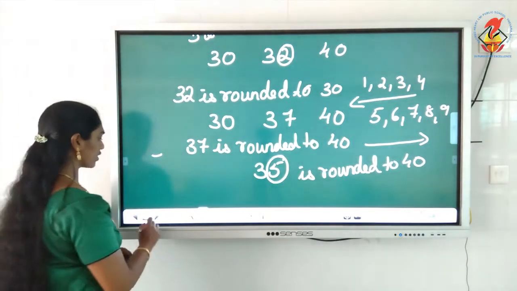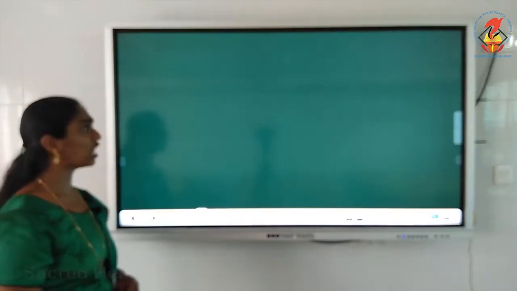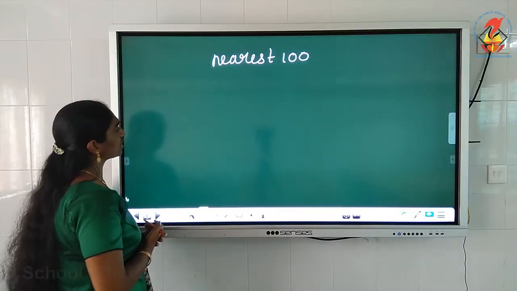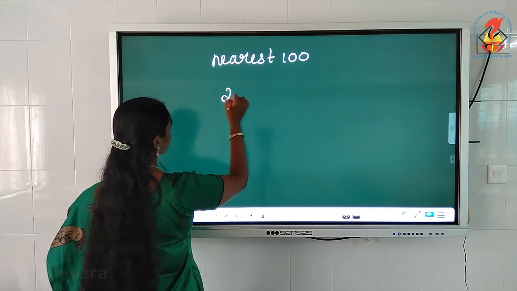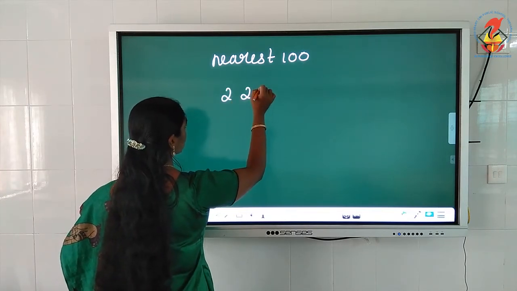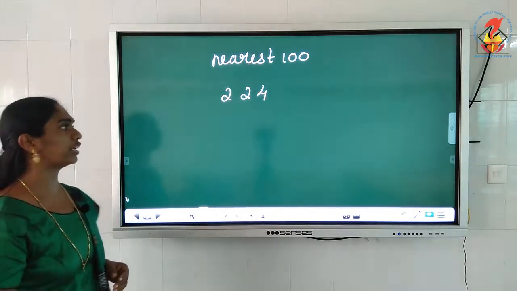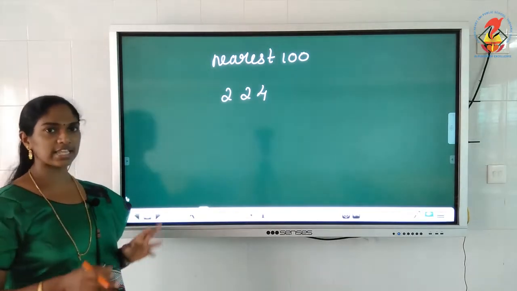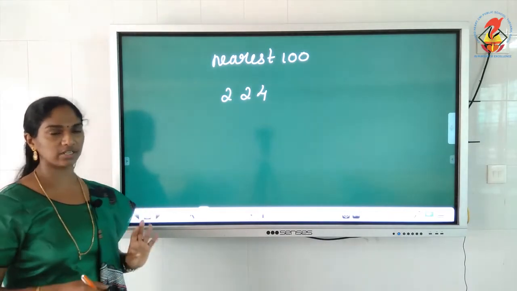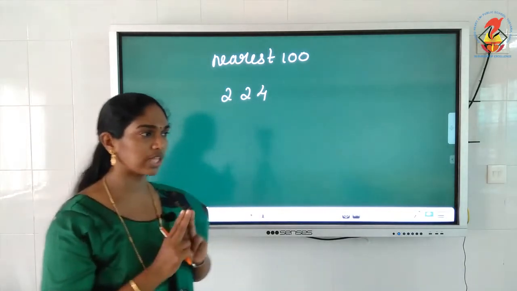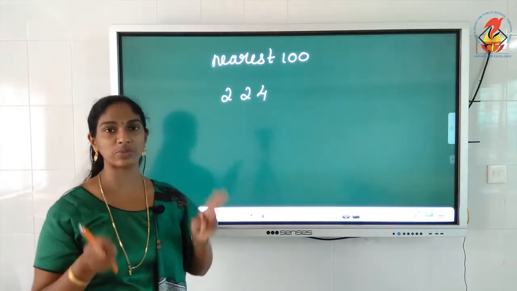Now I will show you questions on rounding to the nearest 100. How do you round to the nearest 100? I have a question here. 224. Again, same as we did in the nearest 10. You have to find two numbers from the hundreds table so that this 224 is between them.